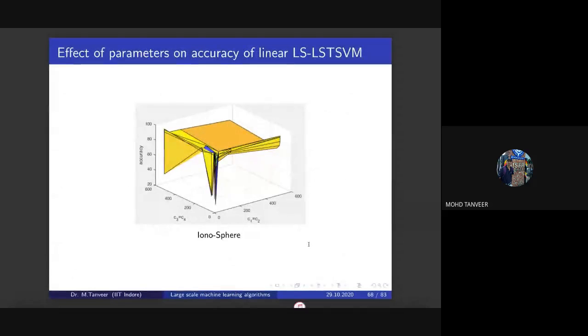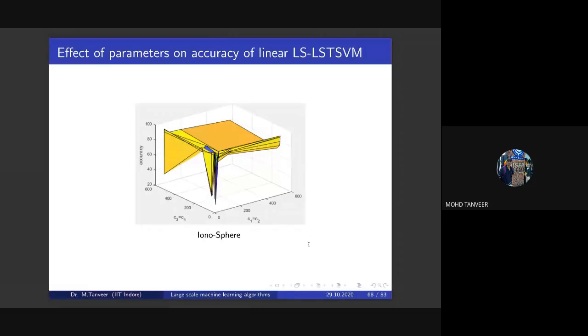And this is the effect of parameters on the accuracy of the linear model. There are several parameters in the optimization problem. So what is the role of C1, C2, C3, C4 and accuracy? You can see that when we slightly change C1, C2, C3, C4, the accuracy varies.